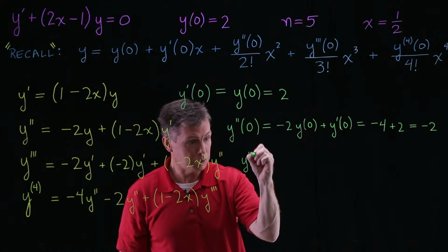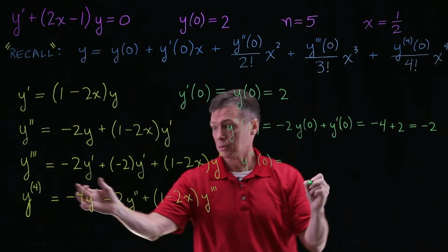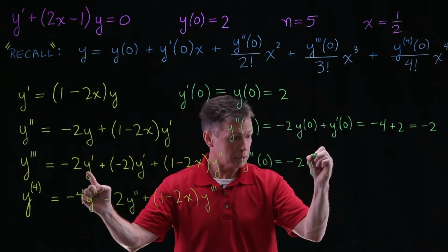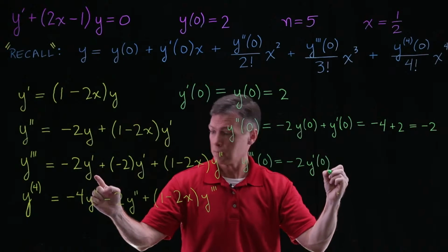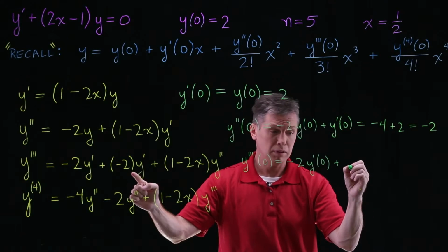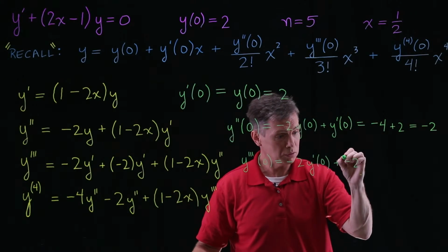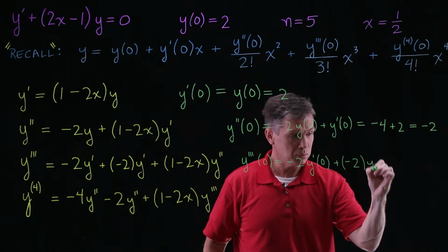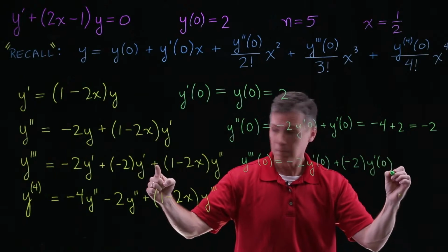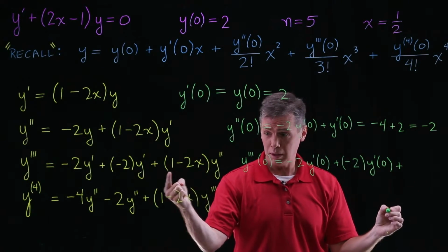Y triple prime of 0 equals minus 2 times y prime of 0 plus a minus 2. That's where I had the minus 4. I could have done that in this step here as well, but minus 2 times the y prime of 0 plus, this is blanking out to just a 1 then again.